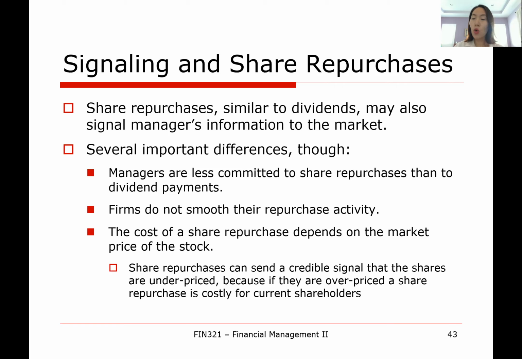When the stock price is overpriced, stock repurchase becomes costly, meaning that with the same amount of cash, the firm can buy back a much smaller number of shares. So only when the managers believe their current stock price is underpriced will they rationally undertake the stock repurchases.